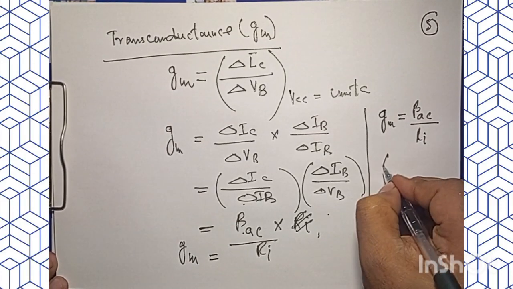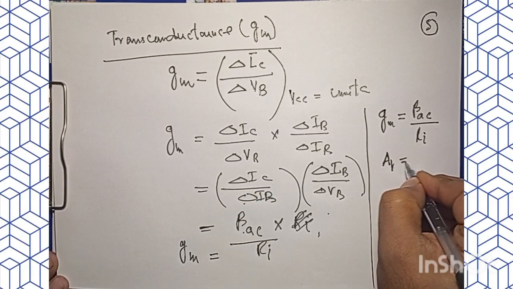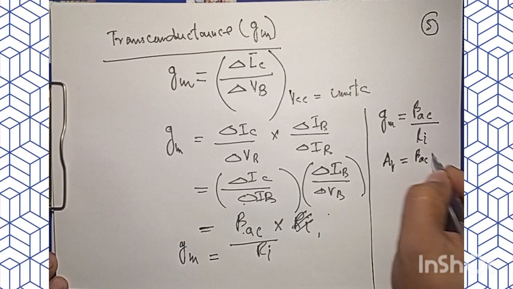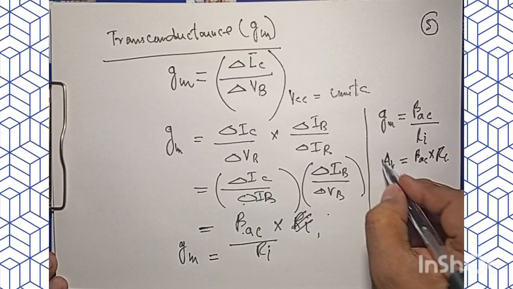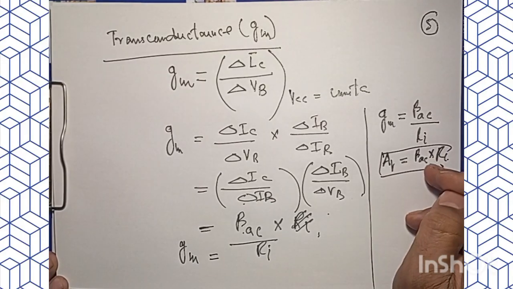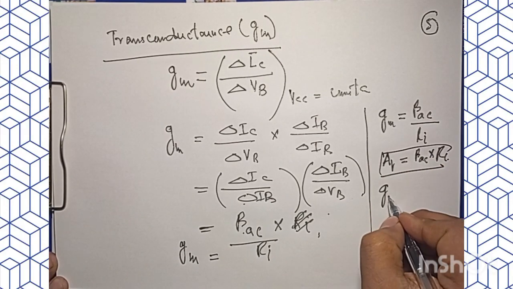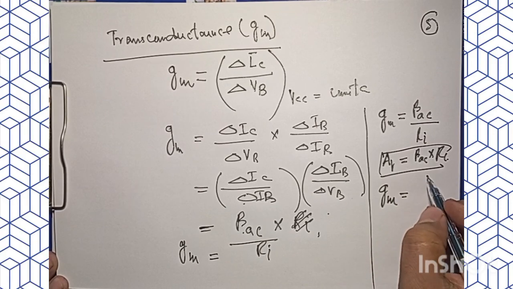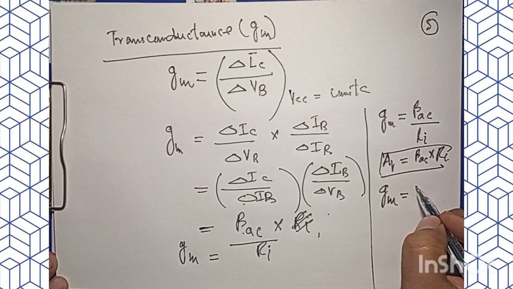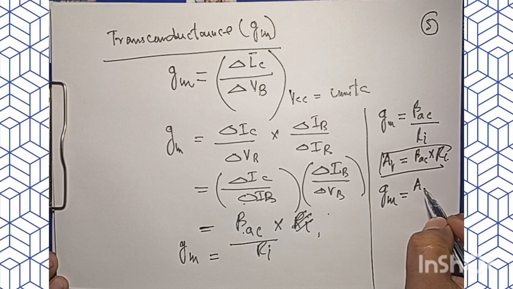Now, if I go back to voltage gain, that is beta AC times RL, I can immediately use this beta AC from this equation into our equation.